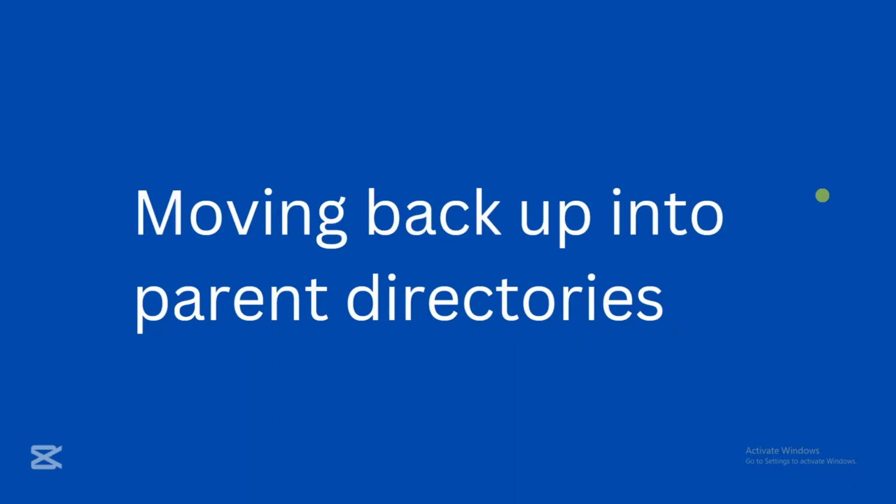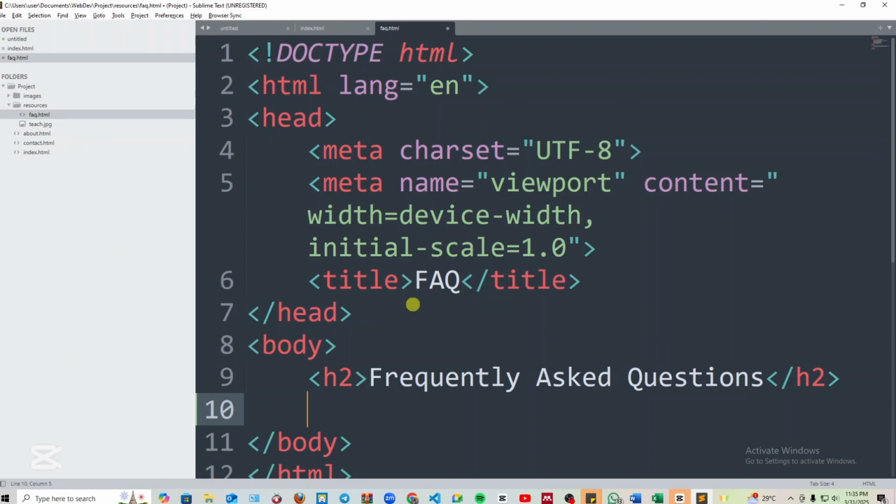So assuming I'm in my FAQ page and I want to link to a file that is in my parent directory, how do I do that? Right, so now I'm in my FAQ document and I want to link to a file that is in my parent folder, which is my contact.html file. How do I do that?